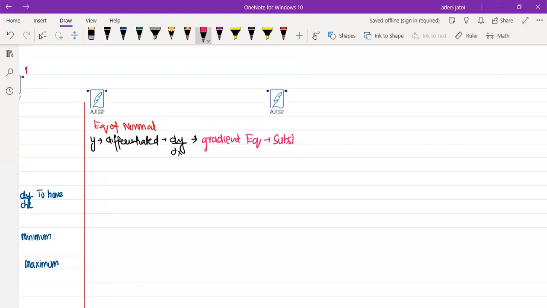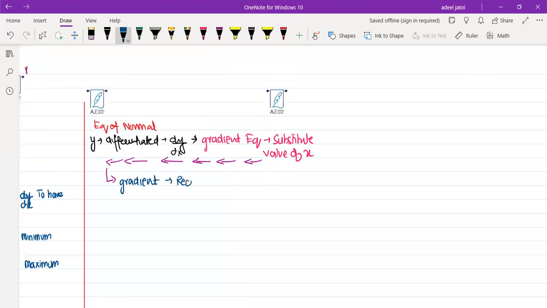Substitute the value of x to get the gradient.